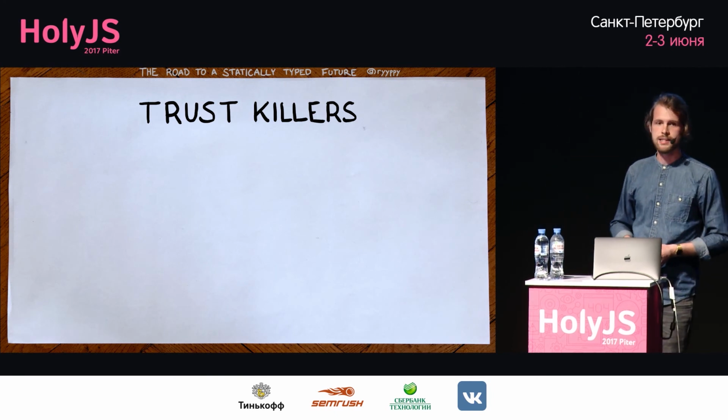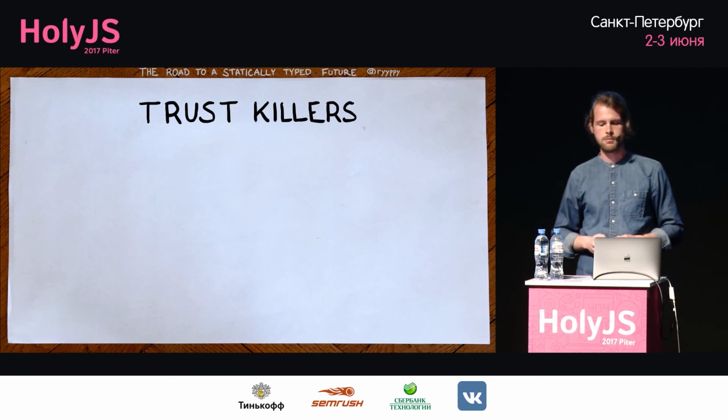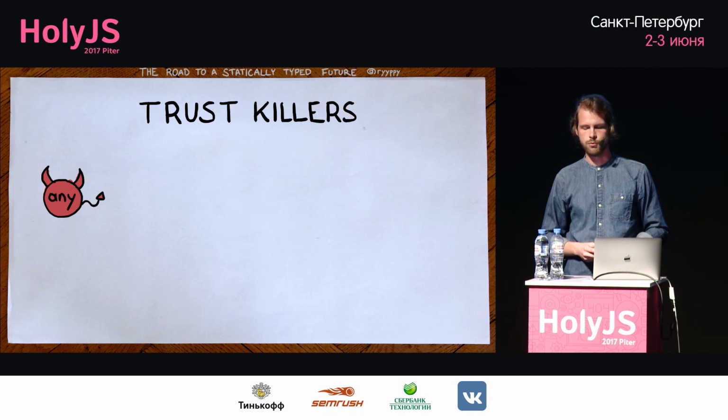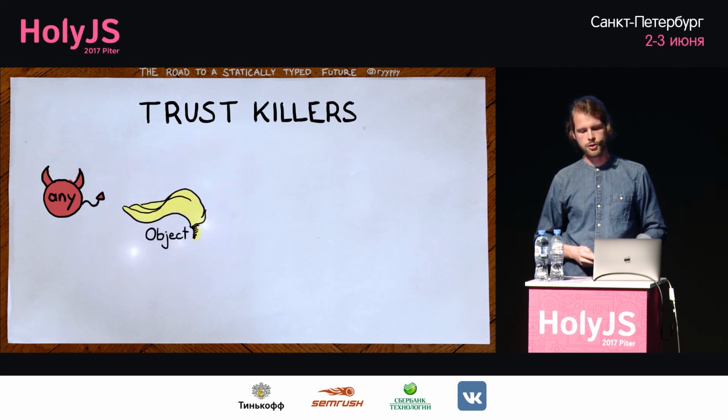So let's talk about trust killers in this kind of type system. First, straight from hell, is the any type. I don't know anything which is worse, especially in Flow, if you want to have local type inference. Then another popular choice is Object, which is a little bit better than any, but it's still very generic.